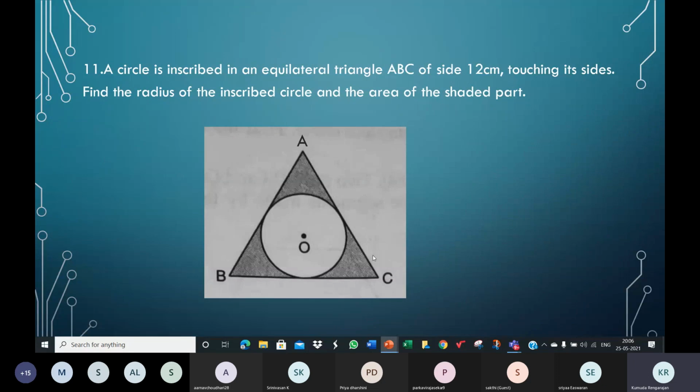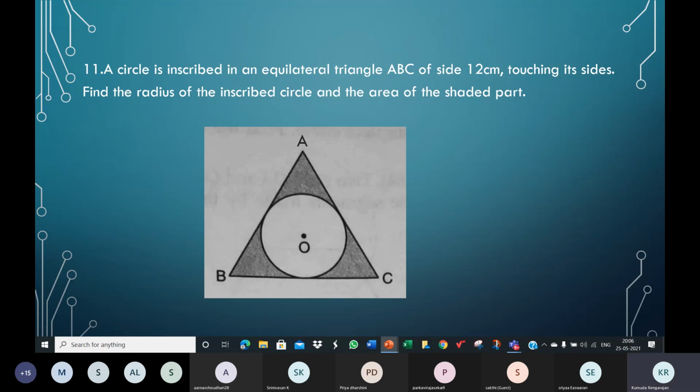Half base into height everywhere, children. Half into base, which is 12, into height r. So you will get root 3 by 4 into 12 square is equal to half into 12 into r plus half into 12 into r plus half into 12 into r.